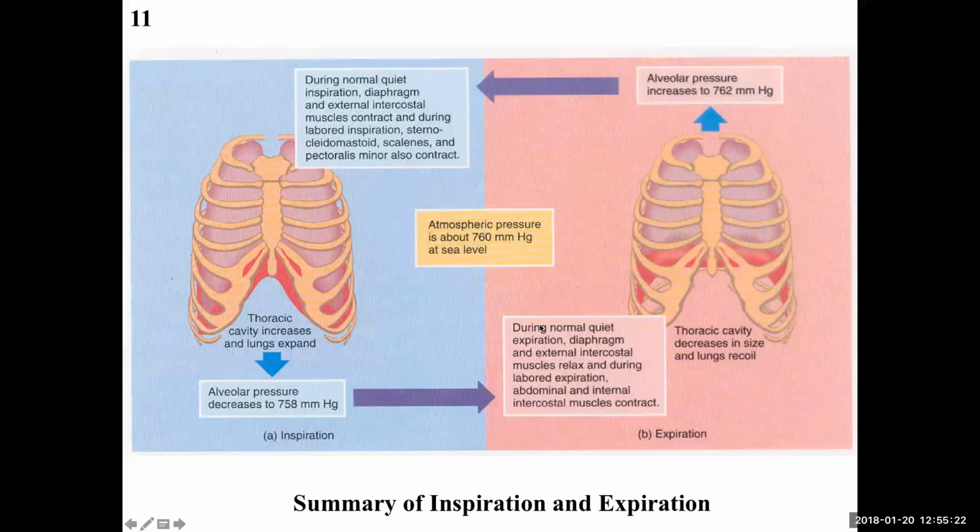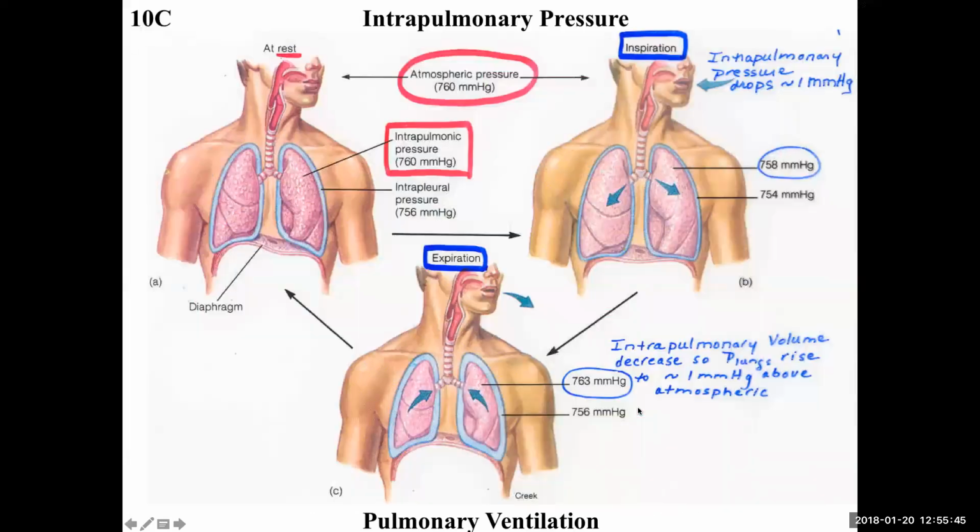Now, during normal quiet expiration, the diaphragm and the external intercostals are going to relax. But during labored expiration, the abdominal and the internal intercostal muscles contract.